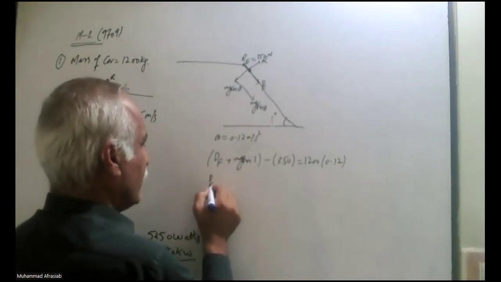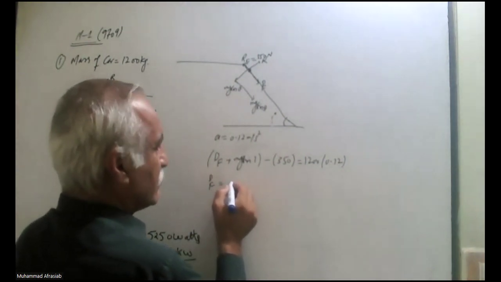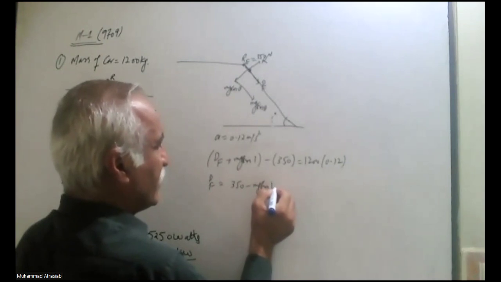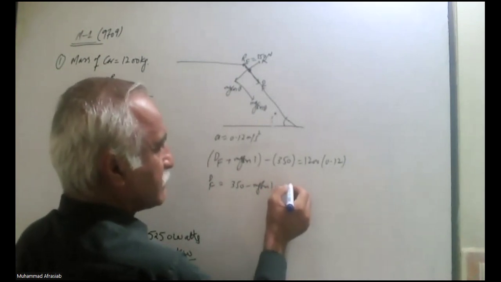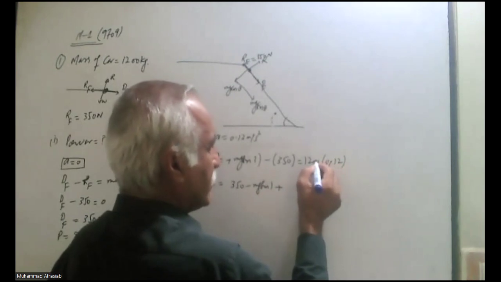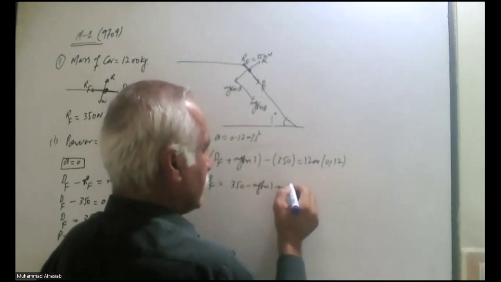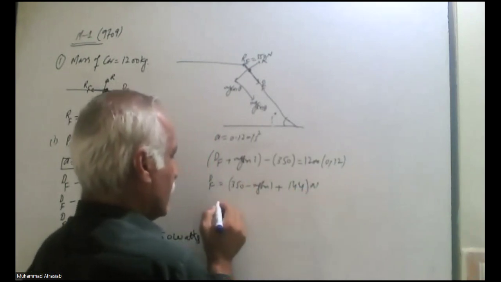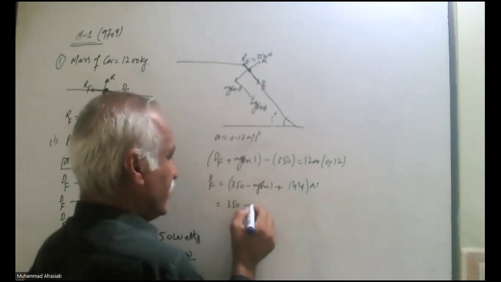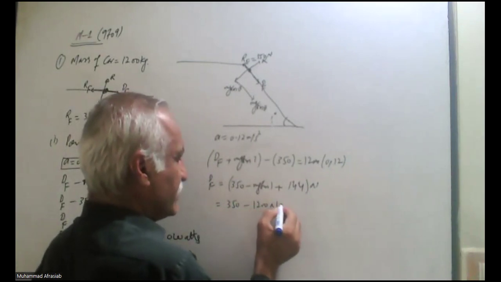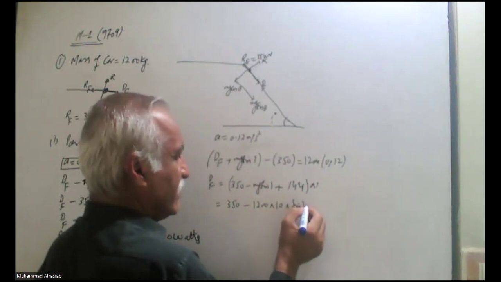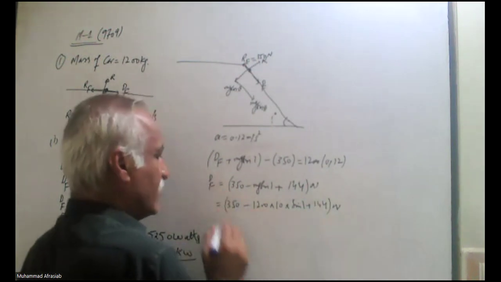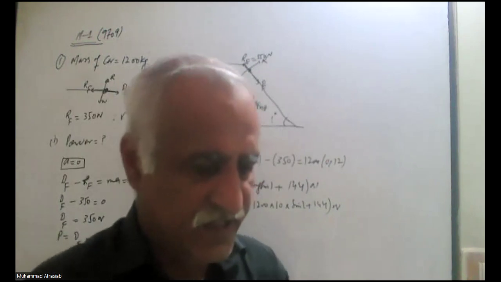So driving force will be equal to 350 minus mg sine of 1 plus 12 into 12, 144 Newton. This will be equal to 350 minus m is 1200, g is 10, sine of 1 degree, plus 144, and this is the driving force for that particle. And now we will calculate it.